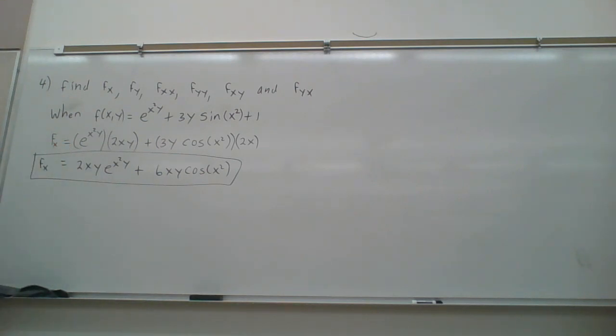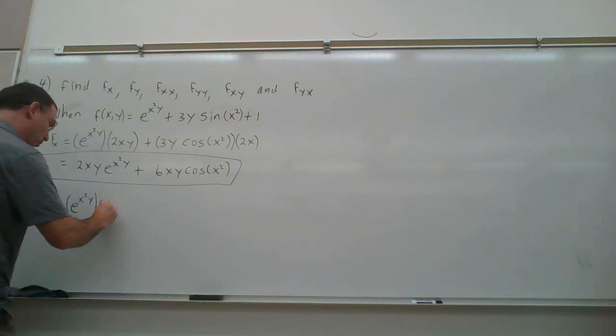Okay, next we'll find fy. So this one we're treating the y as the variable, so the x will be the constant. So we're looking at this guy again. So it'll be e to the x squared y times derivative of x squared y with respect to y. So derivative of y is just 1, so it's going to be x squared.